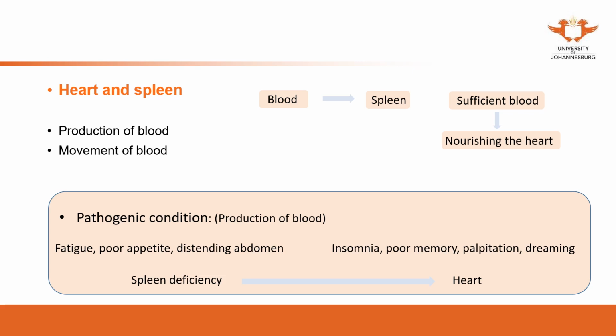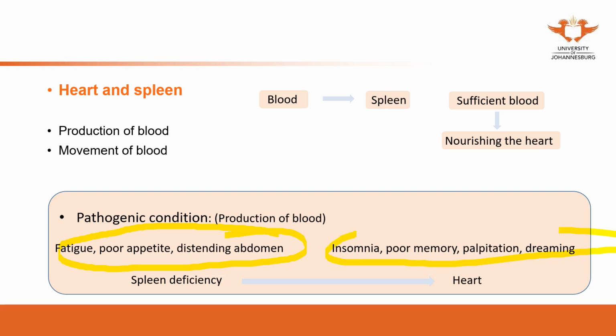There's a patient who has the symptoms of fatigue, poor appetite, and edema. And then this patient also may suffer from insomnia, poor memory, palpitation, or dreaming a lot. So if these two groups of symptoms happen in one patient, you can think about fatigue, poor appetite, and edema.